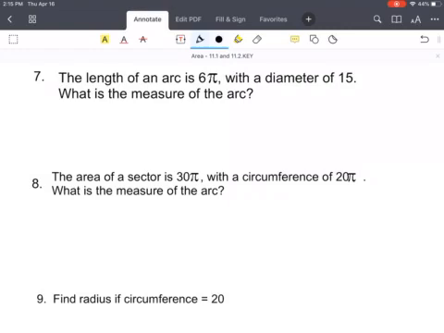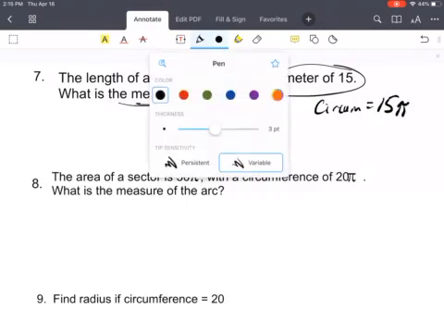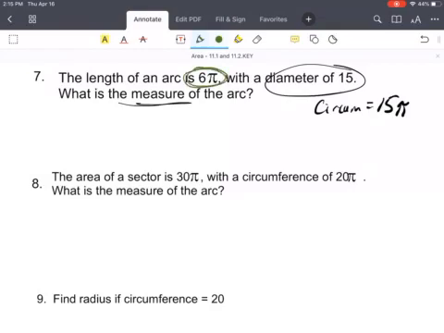The length of an arc is 6 pi with a diameter of 15. If my diameter is 15, that means that the circumference of the circle is 15 pi. It wants to know the measure of the arc if its length is 6 pi. How much of the circle is it going around? It's not the whole circle because the whole circle is 15 pi.